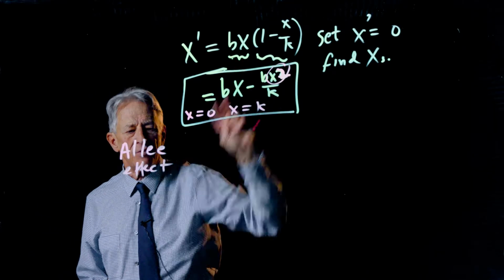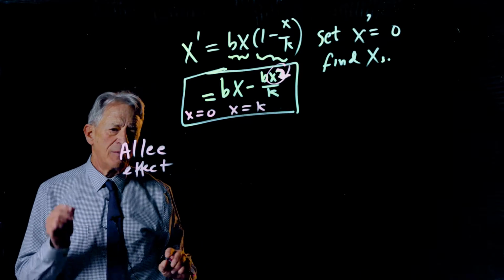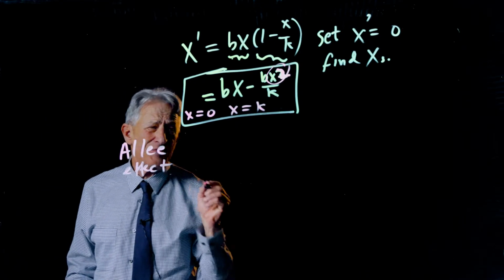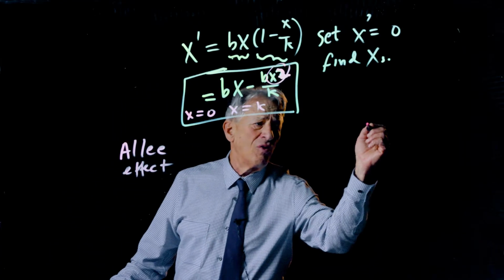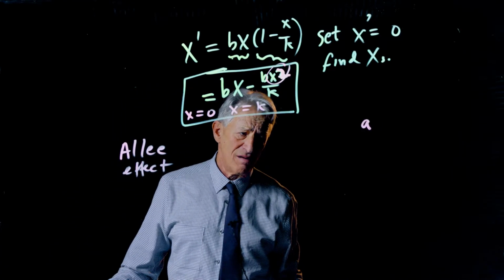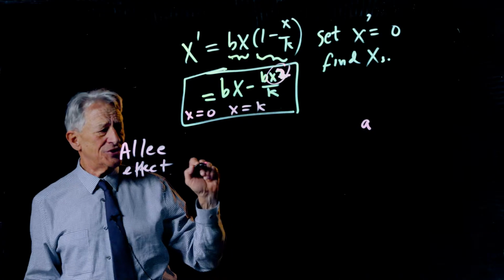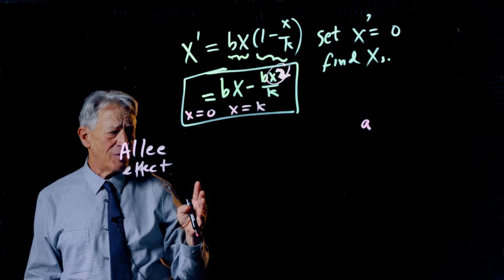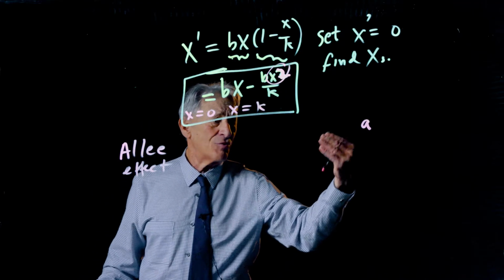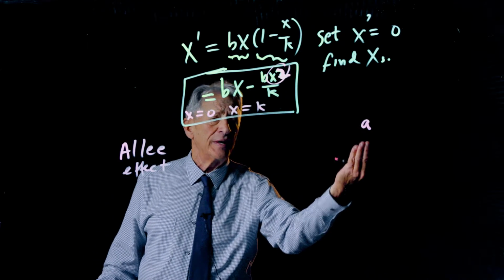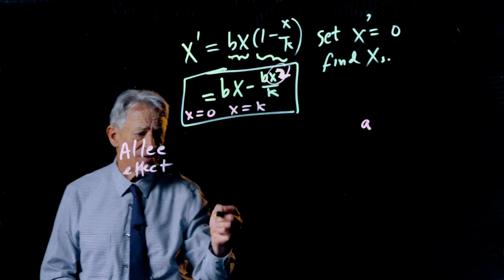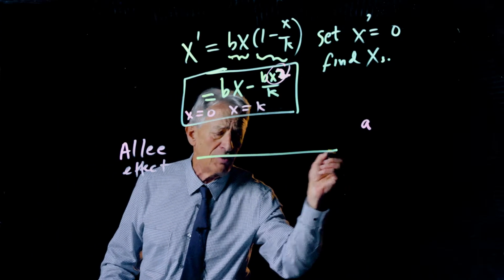Yes, there is a carrying capacity. But it also postulates that there is a threshold called a, which is such that if the population, in this case the x variable, does not reach the threshold, it will then die.